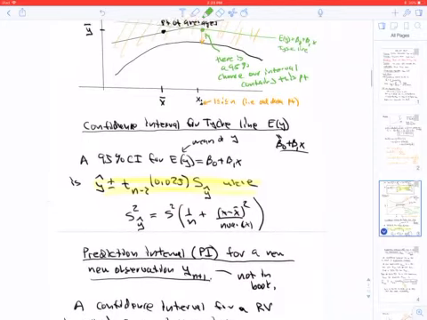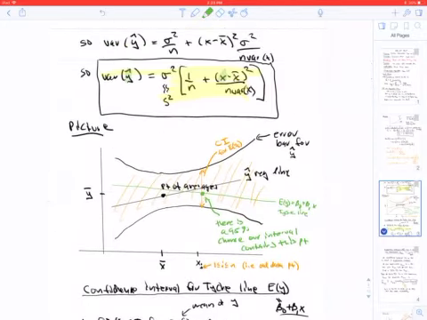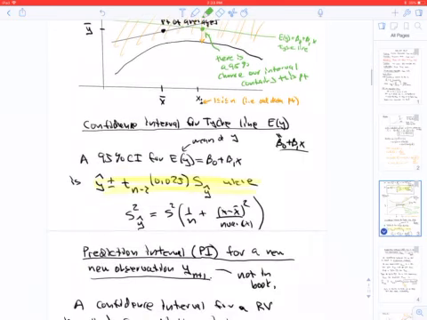So, oh, and I just wanted to point out here that notice that the variance is minimized when x is x bar. So at the point of averages, we get the smallest error band.